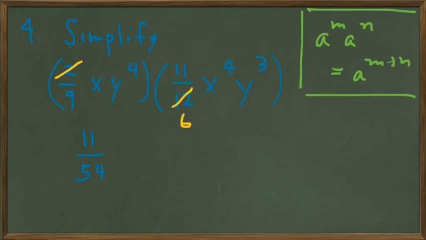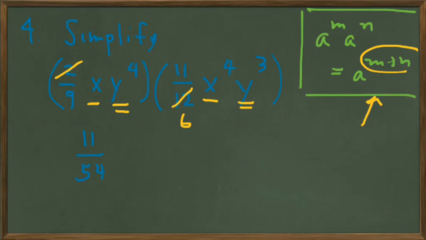So in doing the next part of this simplification, where we are multiplying the x times the x to the fourth and the y to the fourth times y cubed, so we're multiplying this times this as well as the y to the fourth times this, we need to use the rule for multiplying expressions with the same base and a different exponent, and that is that we add the exponents.